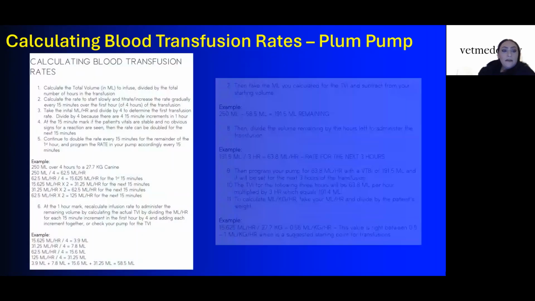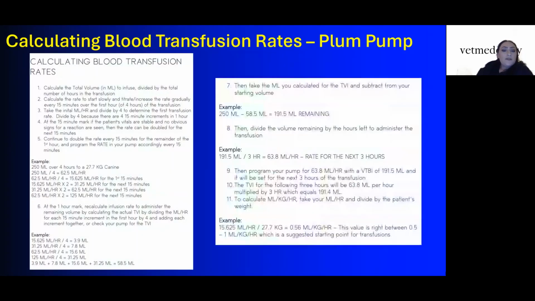All right. So this is how to calculate blood transfusion rates on a plum pump in mils per hour, basically. You want to go ahead and calculate the total volume in mils to infuse divided by the total number of hours in the transfusion. So calculate the rate to start slowly and titrate, increase the rate gradually every 15 minutes for the first hour of 4 hours of the transfusion.